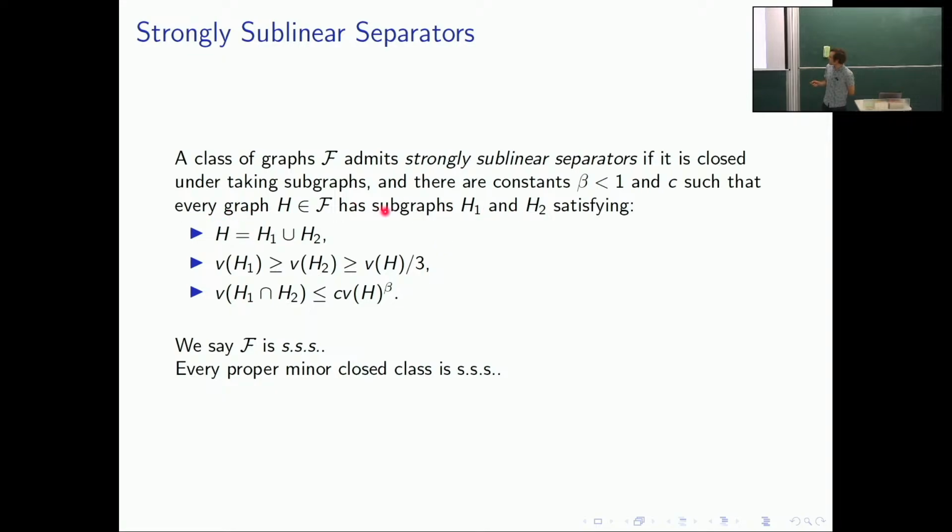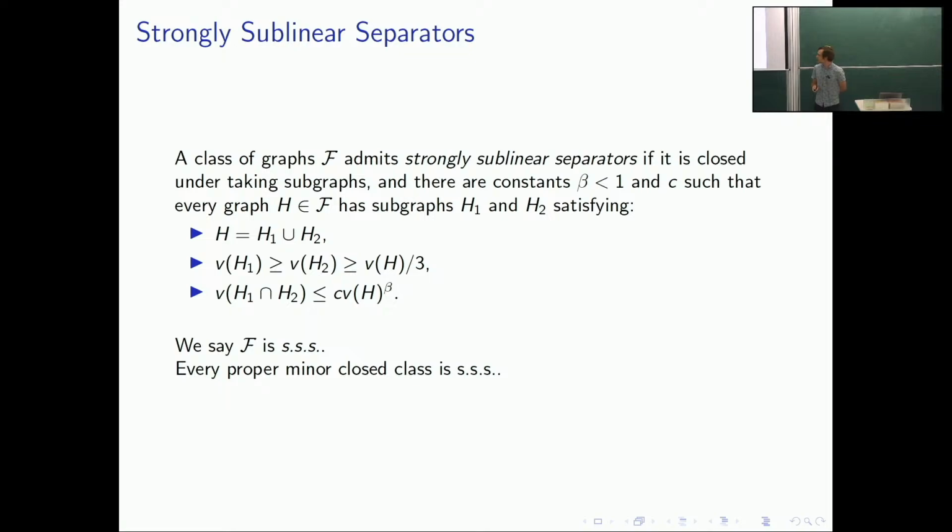So we want to separate the graph into two subgraphs H1 and H2, so that their union is the entire graph. And we want this to be a balanced separator, so we want that neither of these graphs is too small. And then the order of the separator is the size of the intersection of these two graphs. And here is where this strongly sublinear condition comes in.